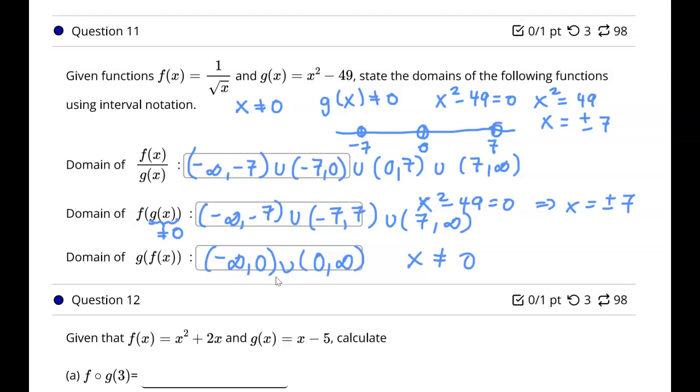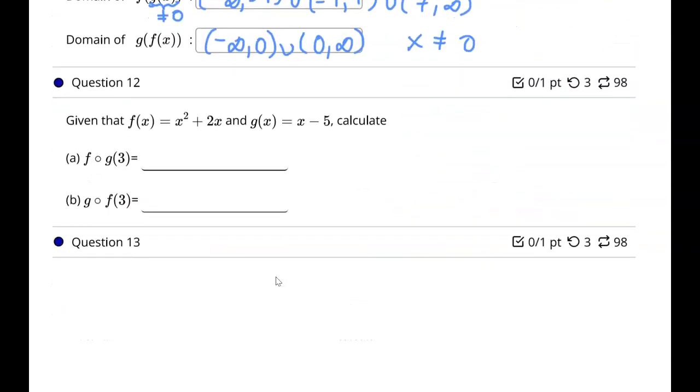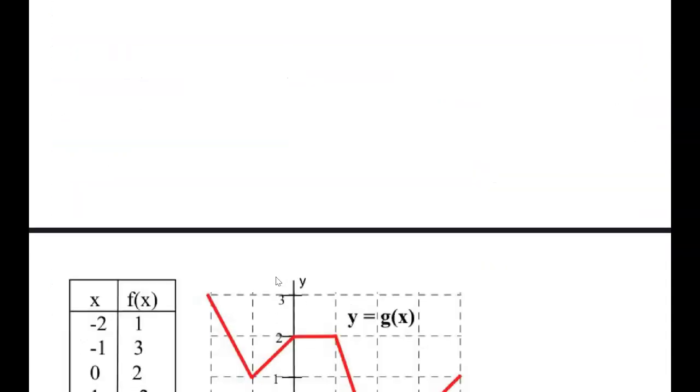And so g of x could not be equal to 0, and that gave us those 2 excluded values. And when we switched that around and did g of f of x, we just looked at the excluded value for f of x because g of x has no excluded values. That is question number 11.